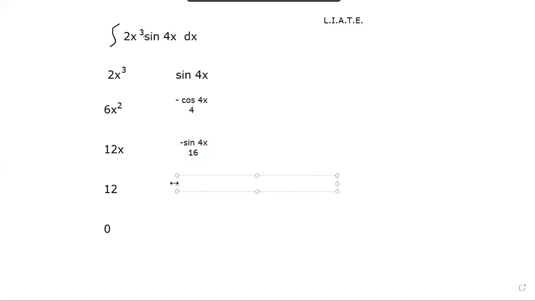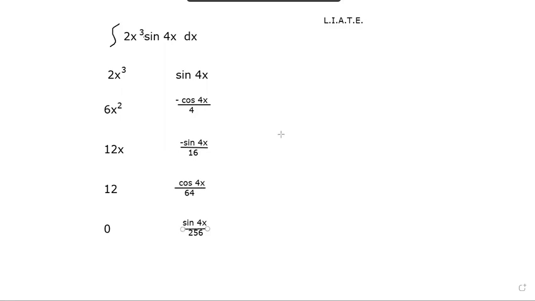The antiderivative of negative sine 4x over 16 is going to be cosine 4x over 64. And then the antiderivative of cosine 4x over 64 is going to be sine 4x over 256. If we remember, this is just finding the antiderivatives with the chain rule, which we can look at.